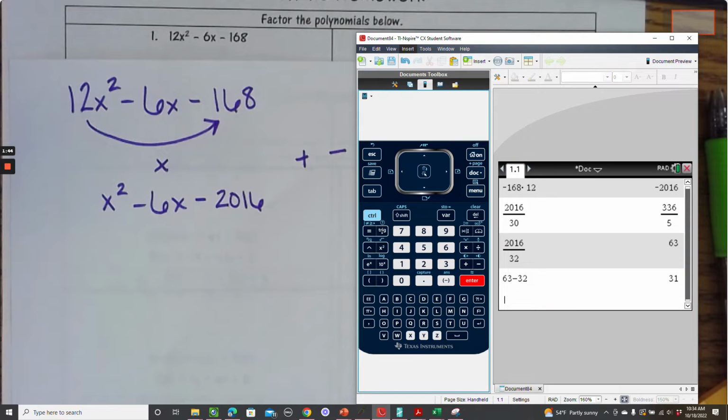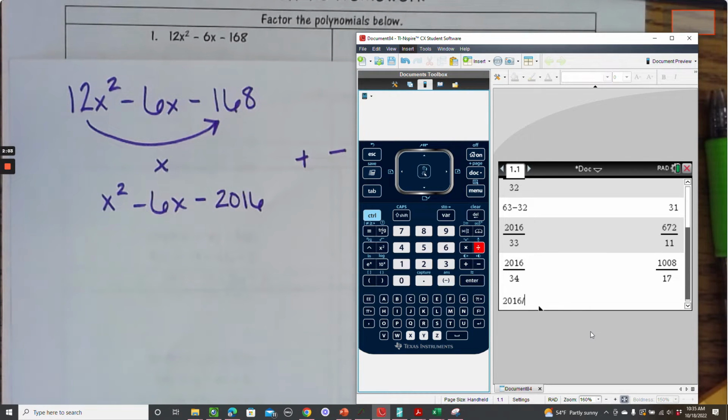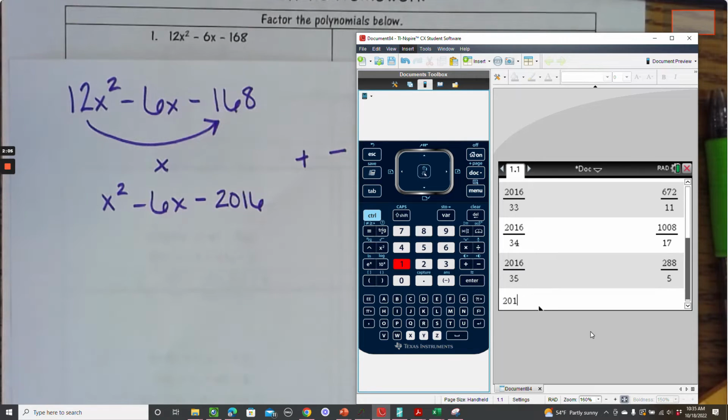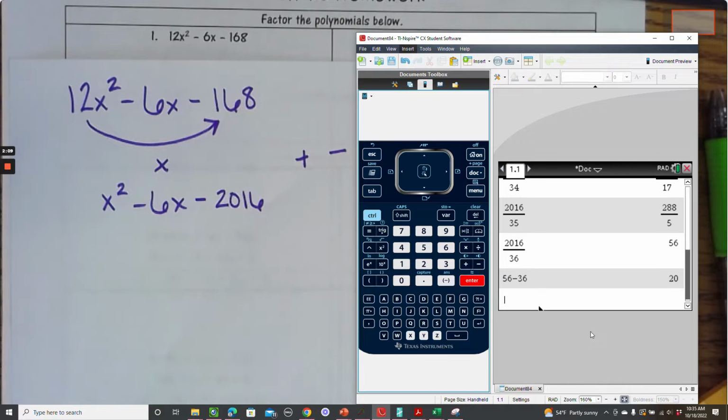Those are still way too big, or they're too far apart. Divided by 33. Divided by 34. 36. 36 and 56, when I subtract them, still too far apart. Let's try 43.